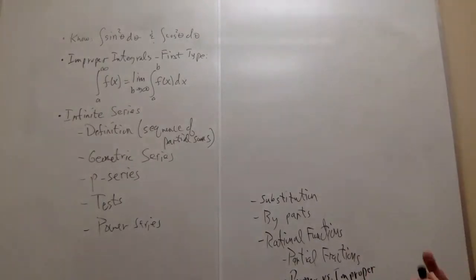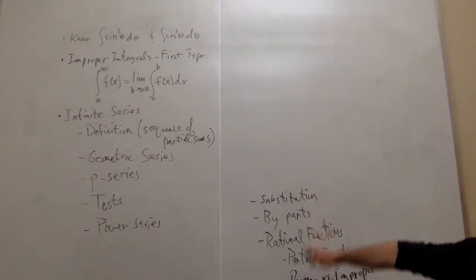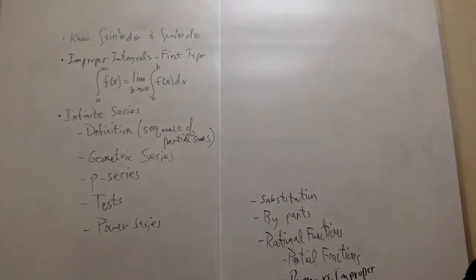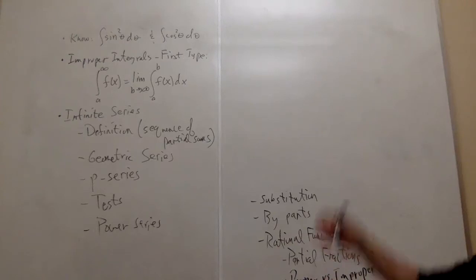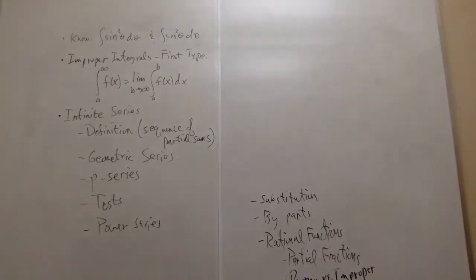Other than that, and other than the things that are covered here, some of the more detailed things we talked about in that section are not going to be on the exam.